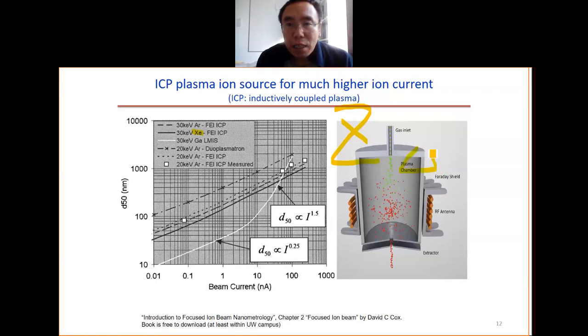Secondly, the delta E, the energy spread, for xenon is smaller than for argon. The third reason, xenon is easier to ionize than argon, so you have more ions if this is xenon than if this is argon.